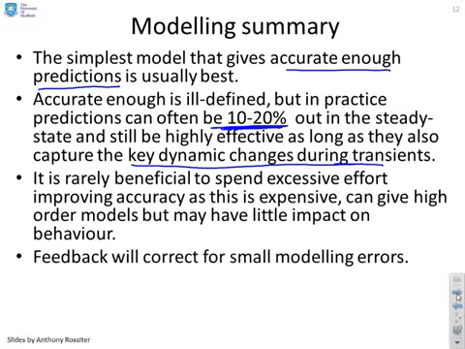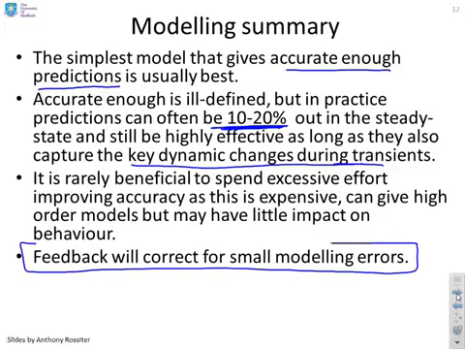Basically the reason is that the continual feedback will correct for small modelling errors. So the fact that we might be out by 10 to 20% isn't critical, and you'll know that yourself from the things you do, like driving. Your predictions are very vague, but you continually update them, and therefore you correct for any small errors.